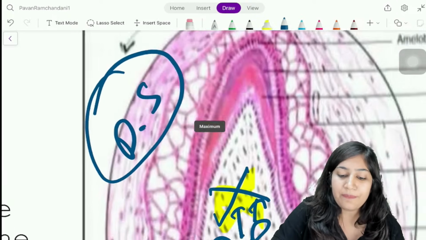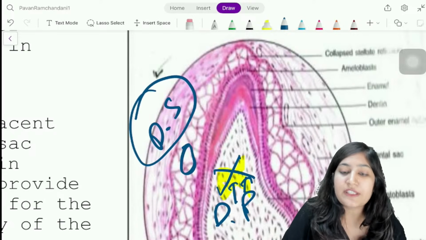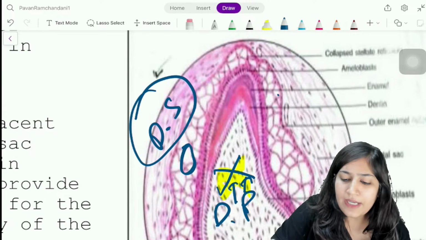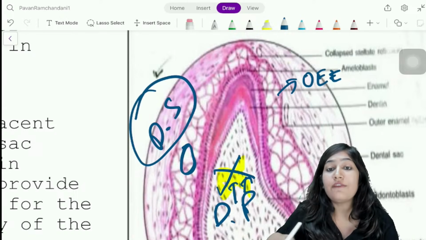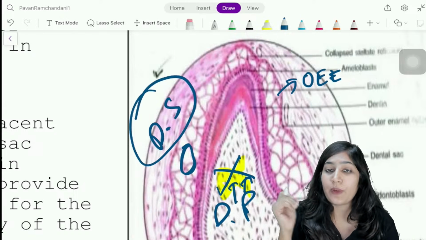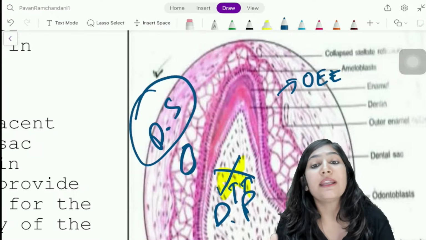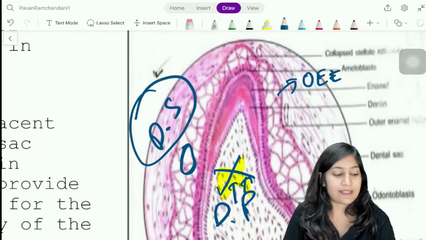Here we can see there will be degeneration of stellate reticulum cells, and here we have outer enamel epithelial layer, which was laid down in folds to provide proper nourishment to our inner enamel epithelial cells.